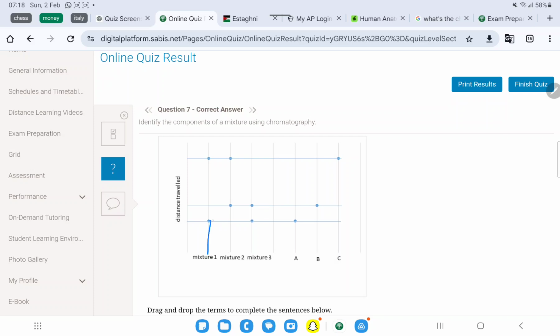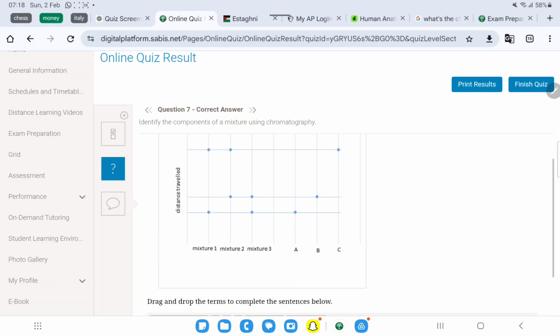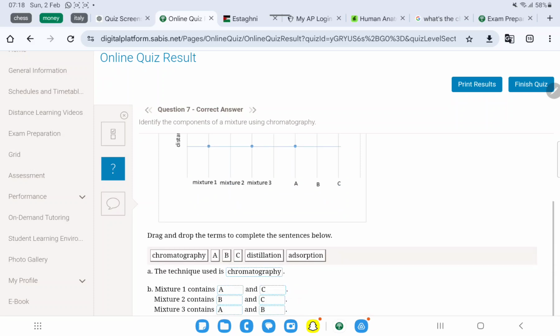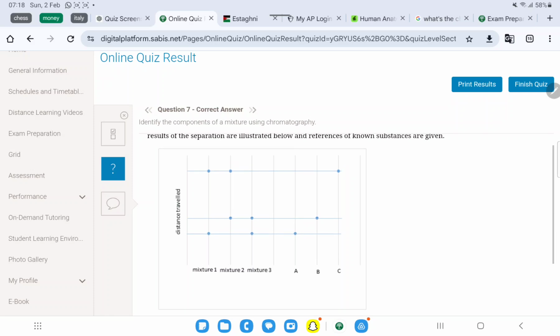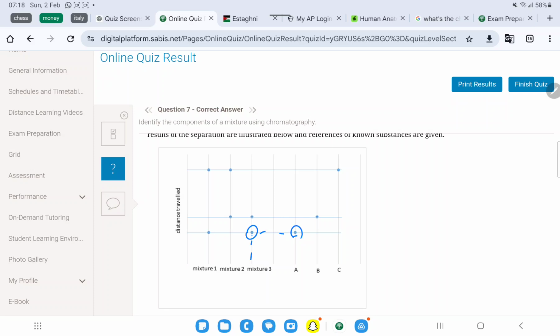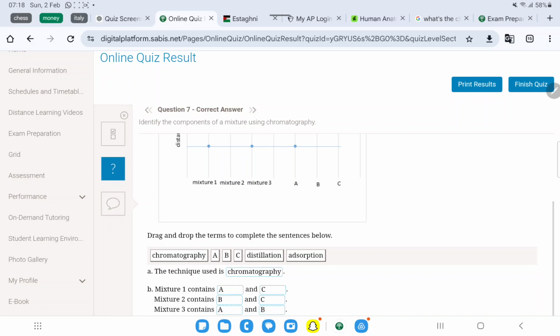So mixture 1's components travel the same distance as A and going up until C. So mixture 1 contains A and C. Mixture 2 traveled until B, and then it went up until C. So mixture 2 contains B and C. Then mixture 3 traveled up until A and then traveled up again until B. So mixture 3 contains A and B.